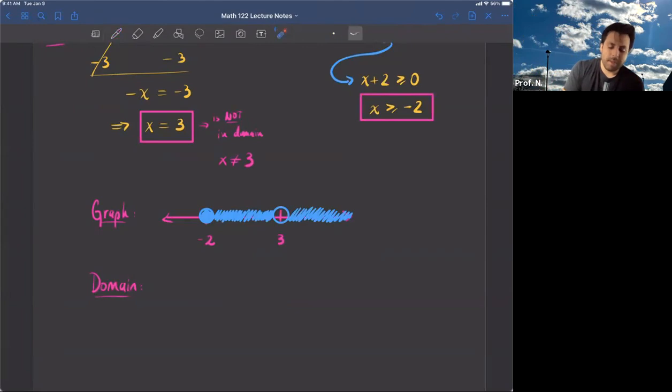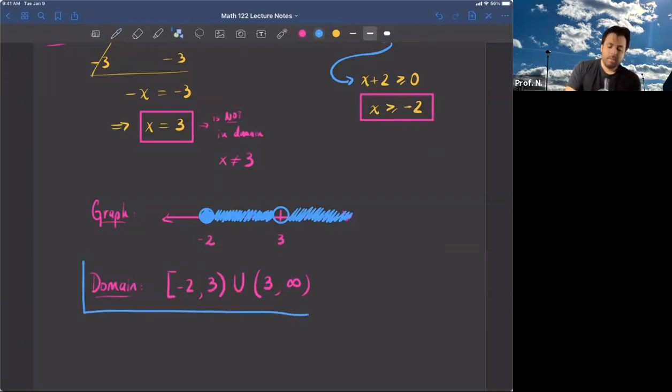So then what would be my first interval? It would be [negative 2, 3) union (3, infinity). This is my domain.